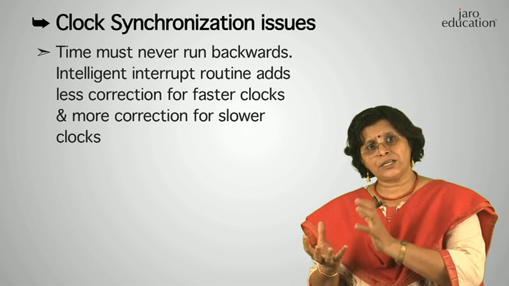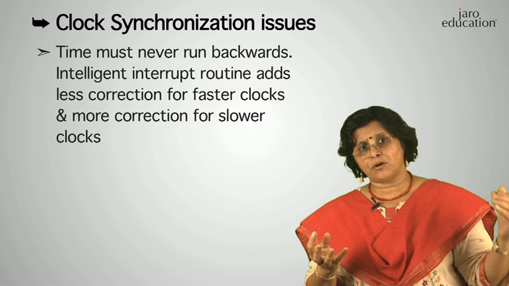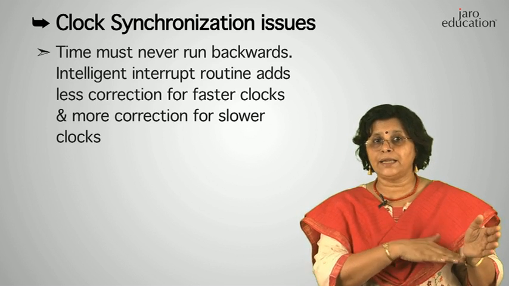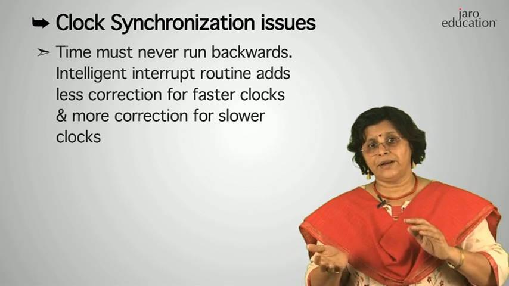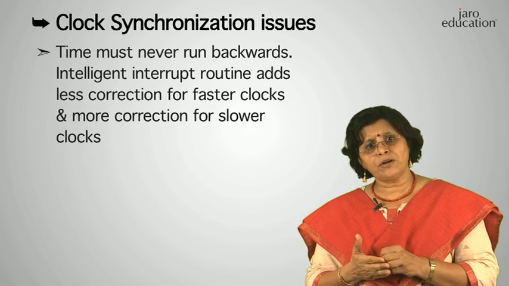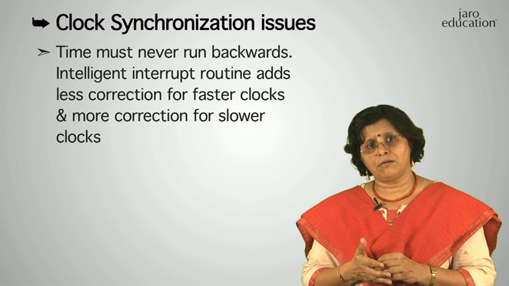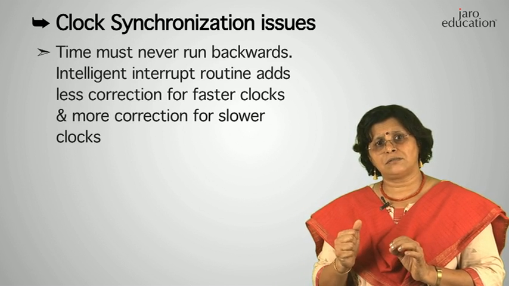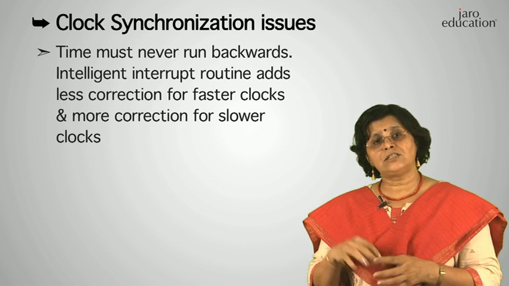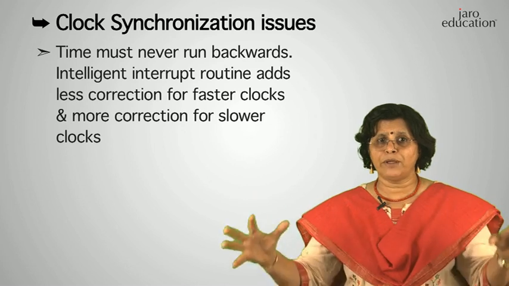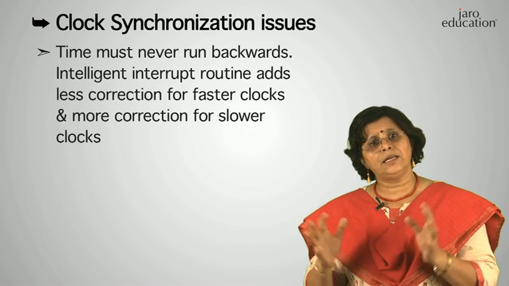If one operation happens here and another has to execute after that, the time over here cannot be earlier than the time here because the event has happened afterwards. So it is important that if there is a drift in the clock, faster clocks have to be slowed down and slow clocks have to be speeded up to ensure that all of them are working at the same speed in a distributed environment.